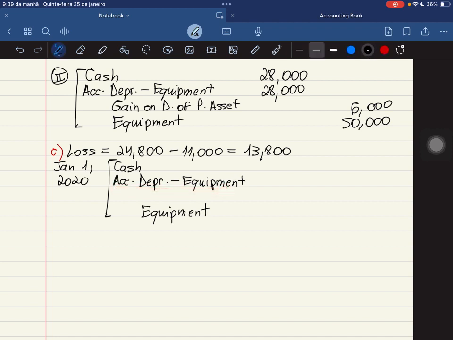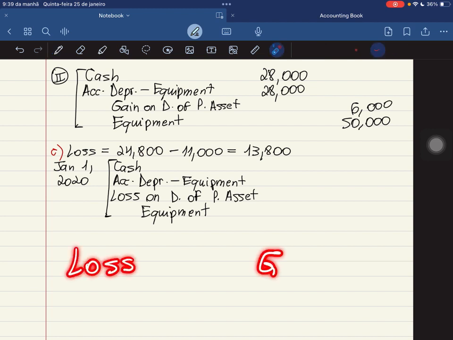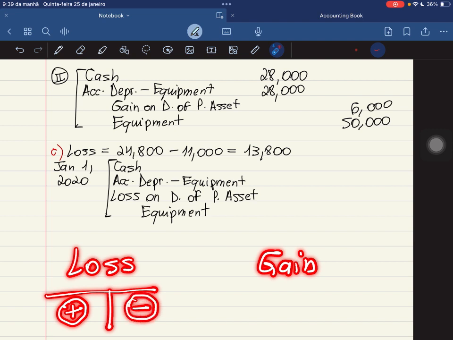However, we're going to have a loss, and when you have a loss, you have to debit it. So it is loss on disposal of plant asset over here. Why is that? Because with loss on disposal, the increases happen on the debit side and the decreases happen on the credit side.